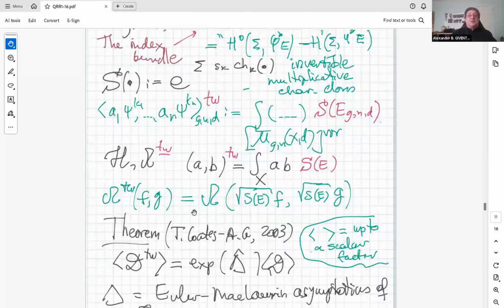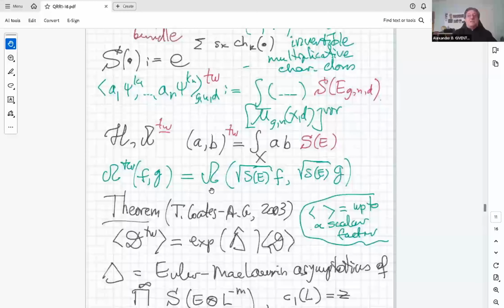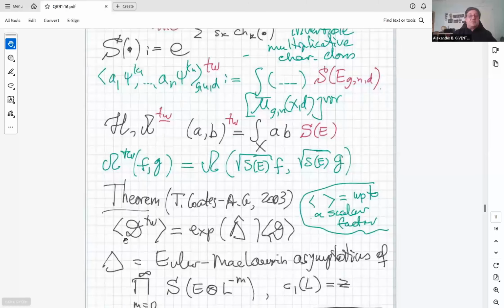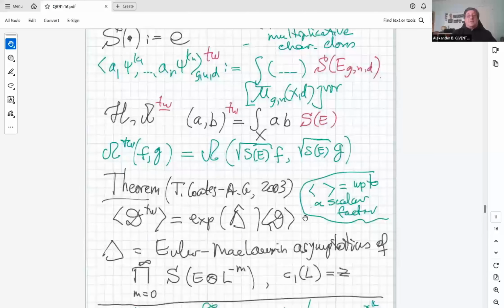Anyway, here is the answer to that question: how to compute these twisted invariants in terms of untwisted ones. This is the quantum Riemann-Roch theorem, and the answer looks this way. The bracket means that I'm thinking of D as a quantum state in the quantization space.